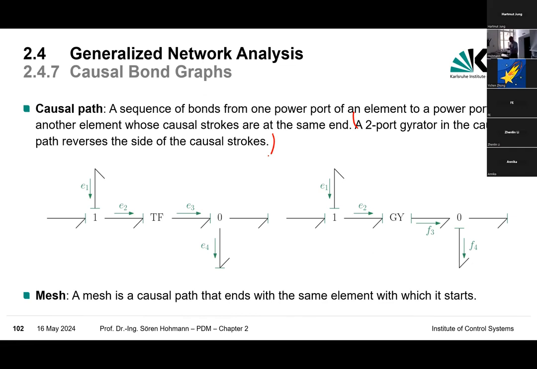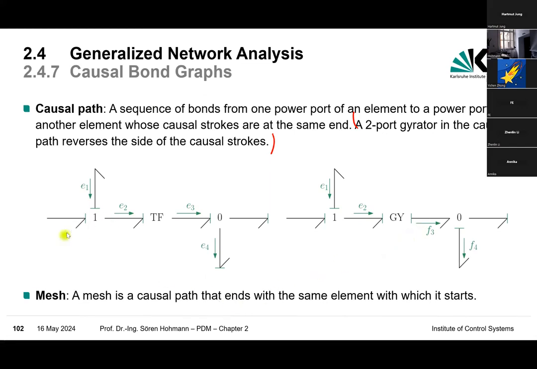And just an example down below, I left out the different elements here. If we start with the causal stroke here and here and here and here, then you see a causal situation where everything is fine, but if the gyrator is in between, the causal stroke here, E1, and this element here are at the same end, so we will have the very same situation.